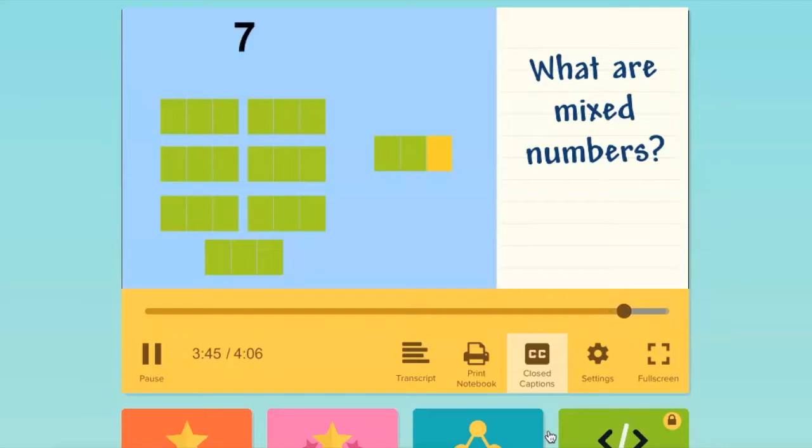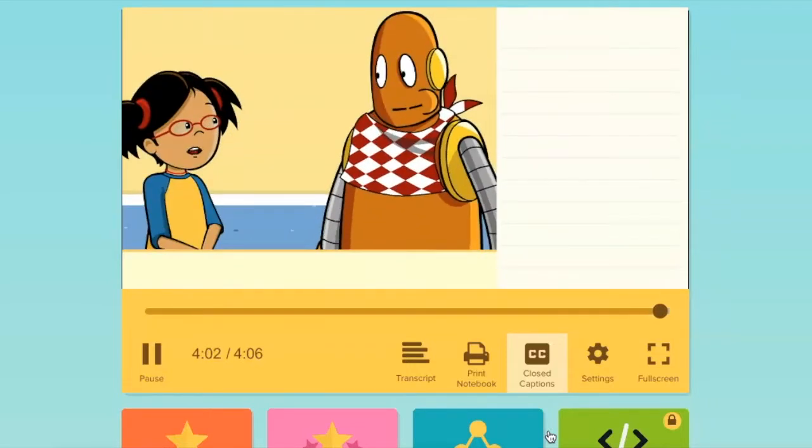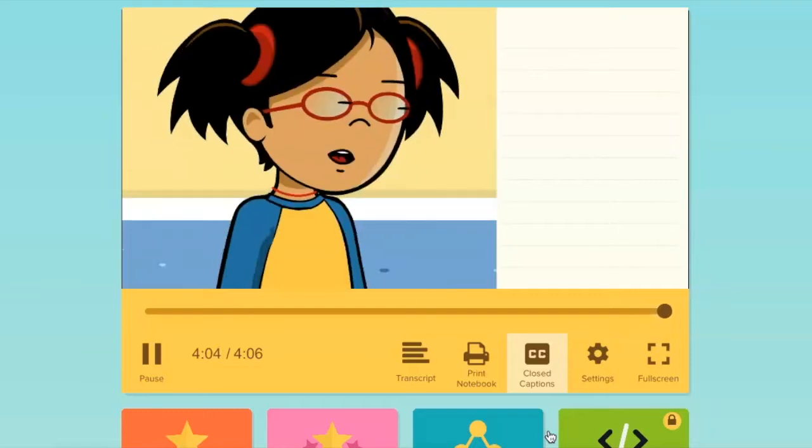There are 7 rectangles that are all green. The last rectangle is 2/3 green. So 7 2/3 of the rectangles are green. Moby, what else are you going to eat? Stomach medicine?